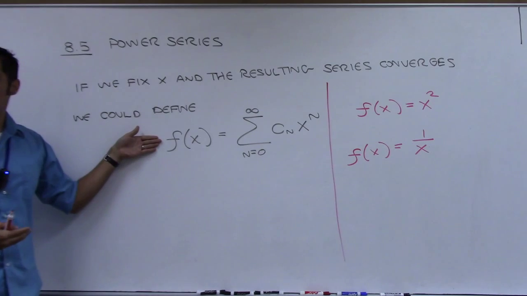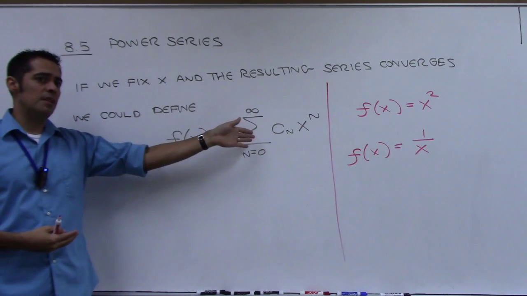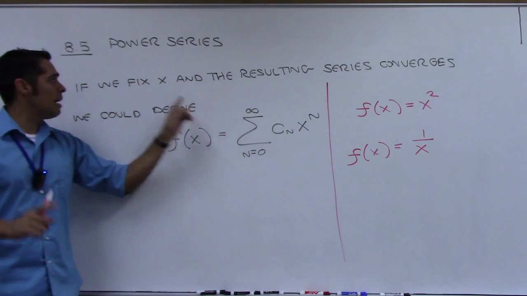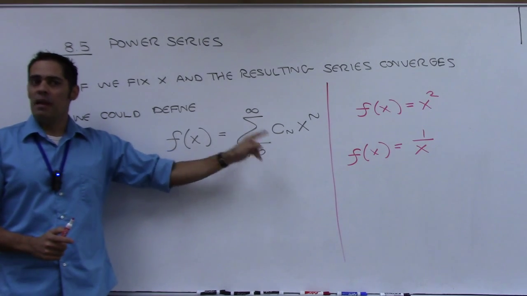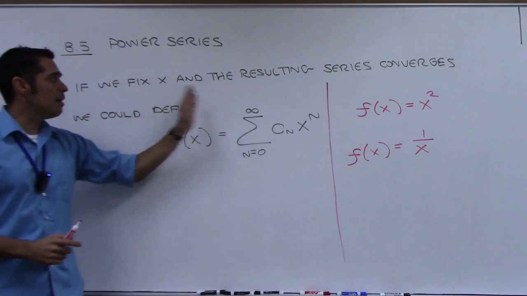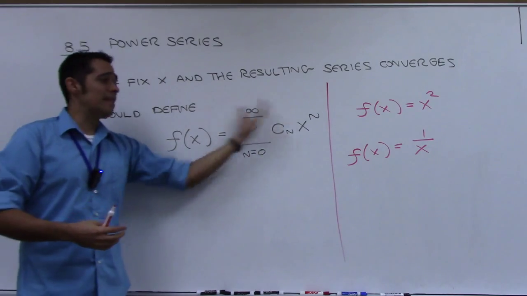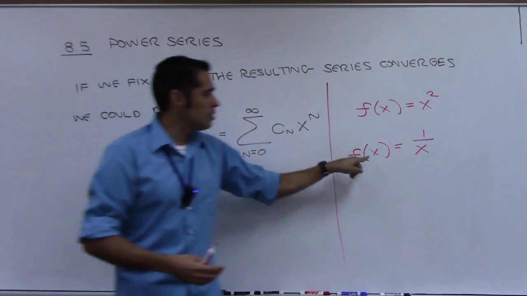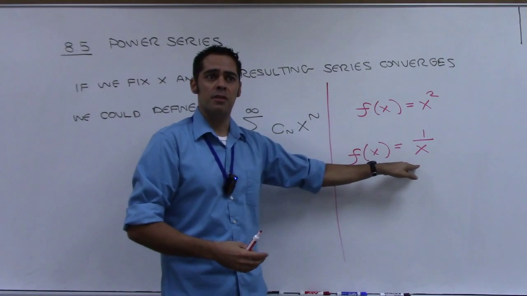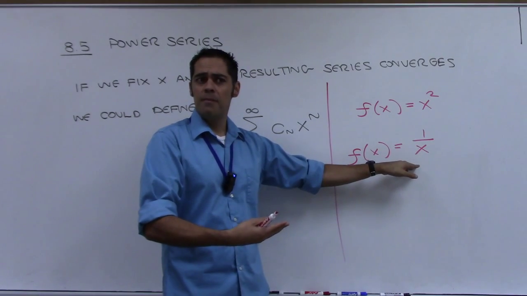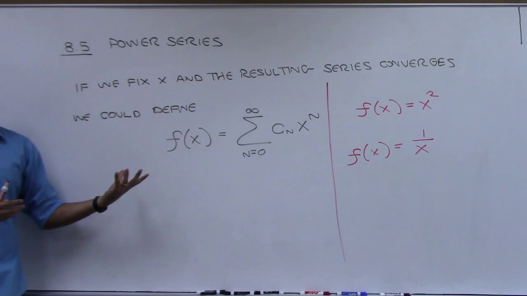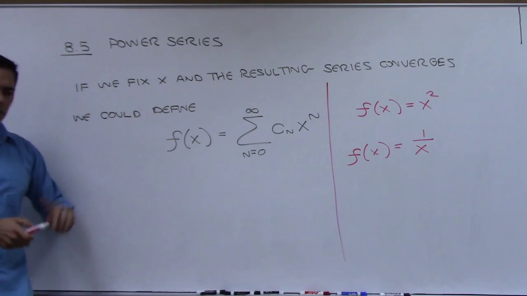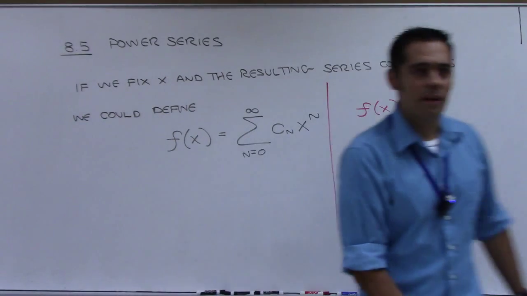Therefore, I could define a function to be this infinite series, as long as what I'm plugging in creates a convergent series. If the x I plug in does not create a convergent series and it makes this diverge, it would be similar to trying to plug 0 into this function, where it would be undefined. If the series diverges, then the function is undefined there. Does that make sense? Kind of? Yeah. We have to get into some examples, obviously.